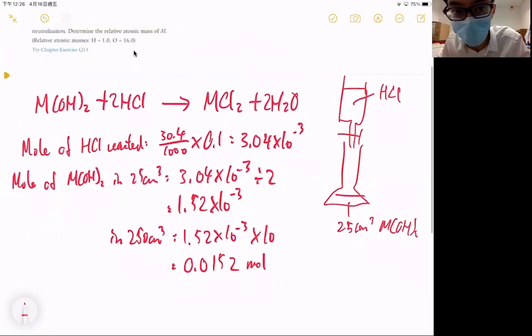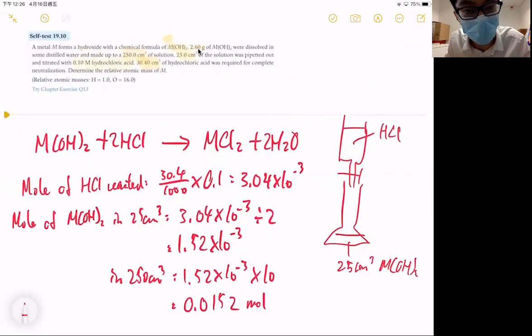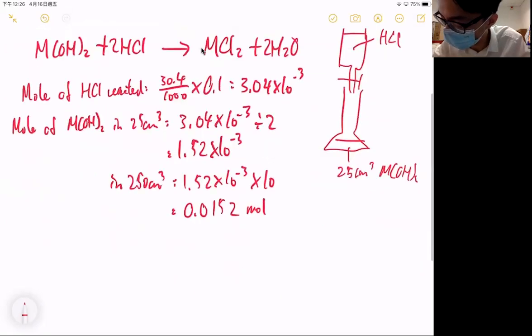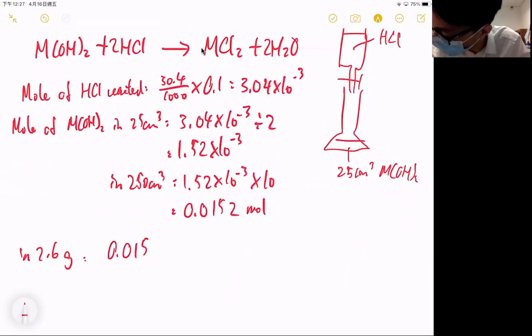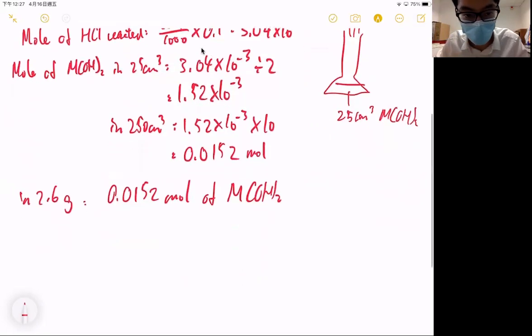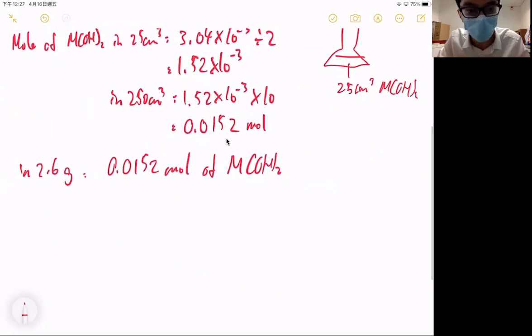So inside the 2.86 gram, we also have 0.0152 moles of MOH2. And afterwards, we calculate the molar mass of MOH2. So how can we calculate the molar mass?